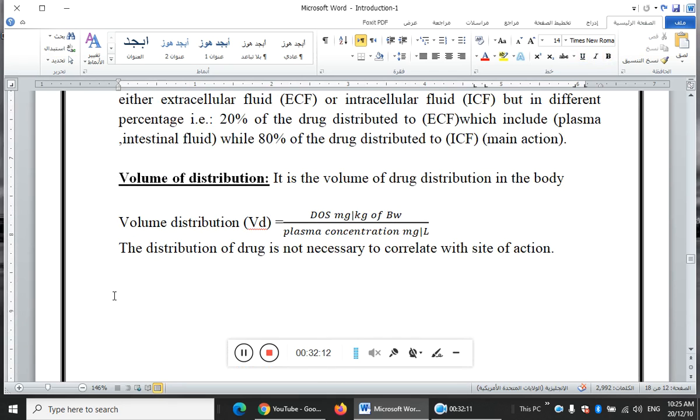So the main action of the drug is through intracellular fluid.